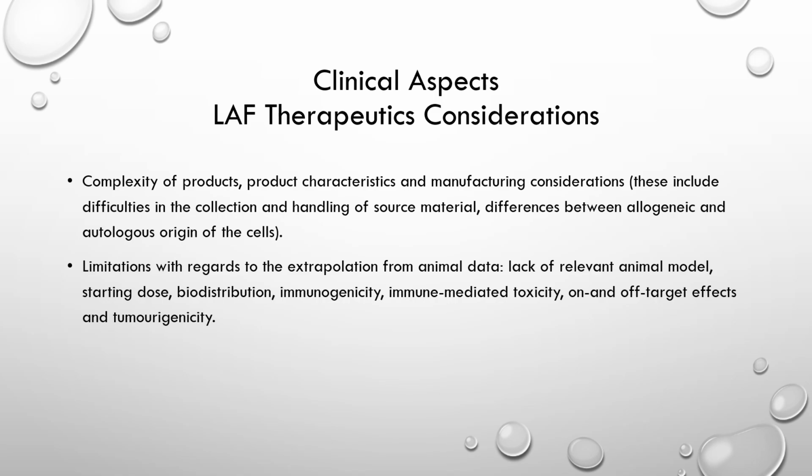Immunogenicity, immune-mediated toxicity. Again, sometimes it's just not clear from your animal studies until you actually do it in humans that you find the issues. And then on-target and off-target effects. There are long-term consequences of even the on-target effect.